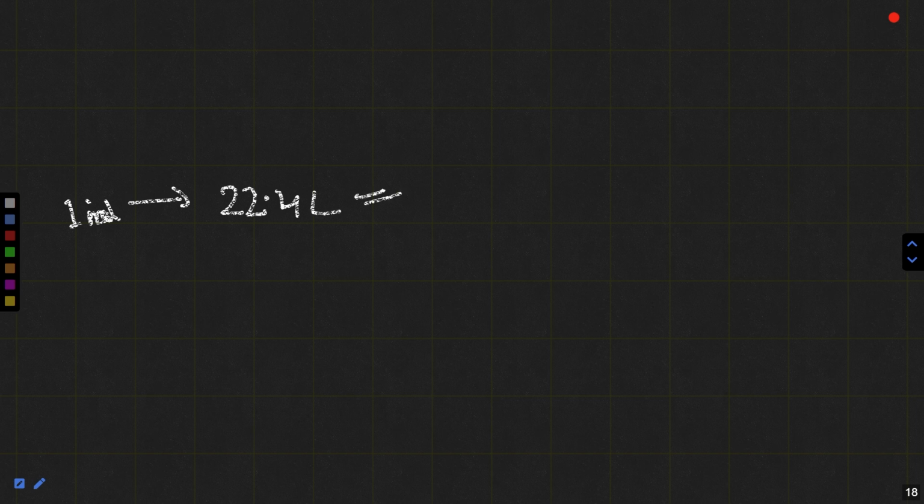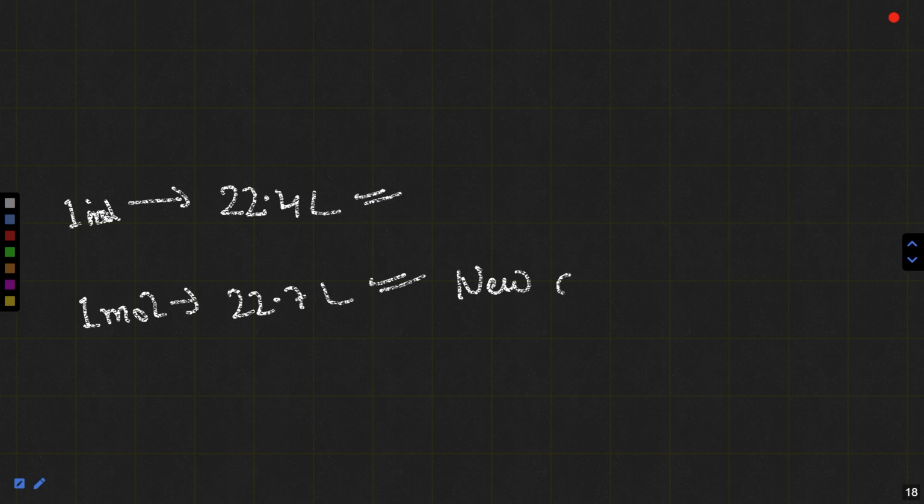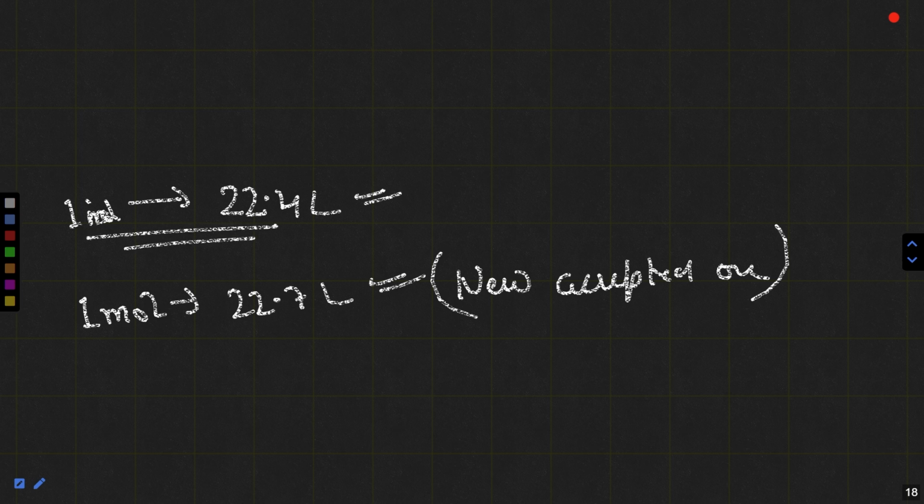Now, if you search the internet, you will get it as 22.7 liter. So this is the new accepted one, and this is the old one. But since your NCERT is using this 22.4 liter, we will use it. So there is a small change in it.